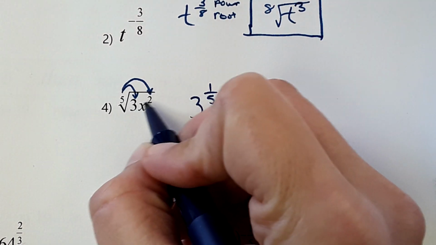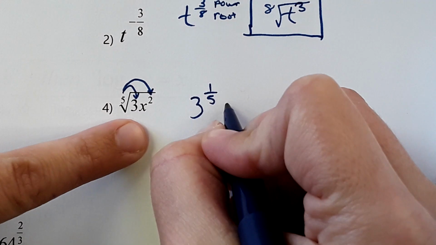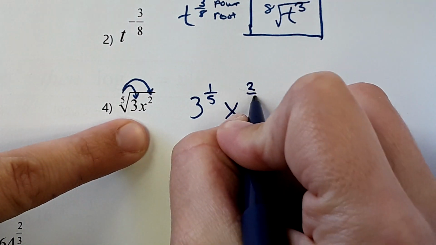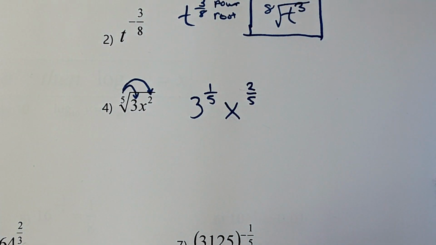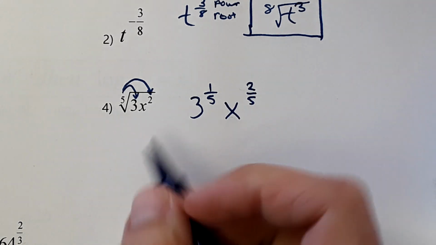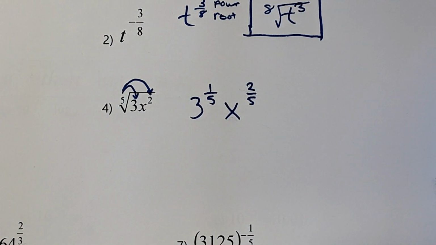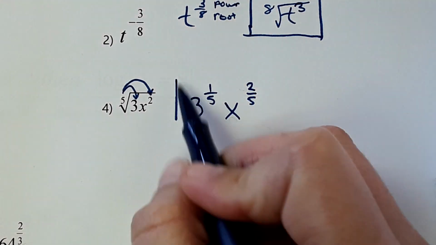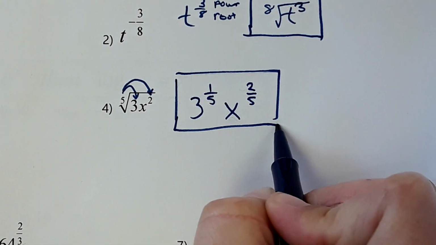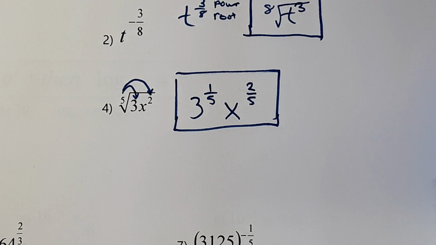And then for x, it would be 2/5. So again, power over root. Okay, so far so good.